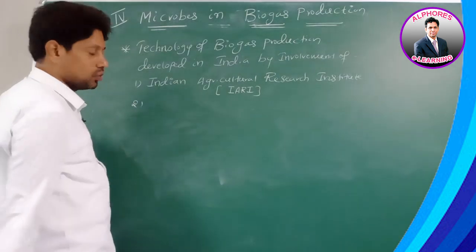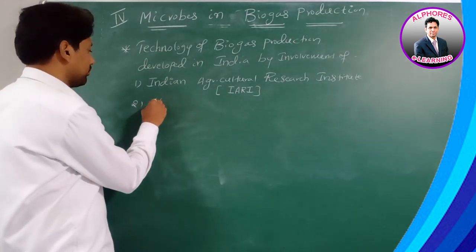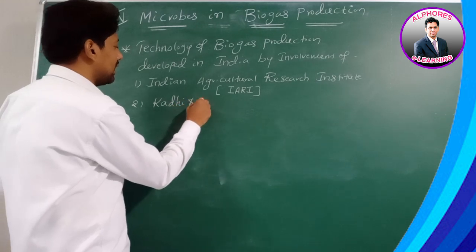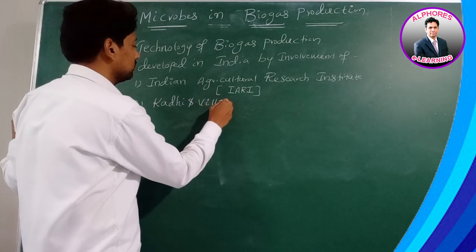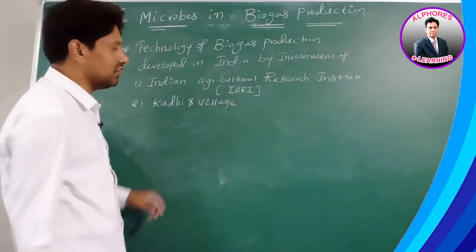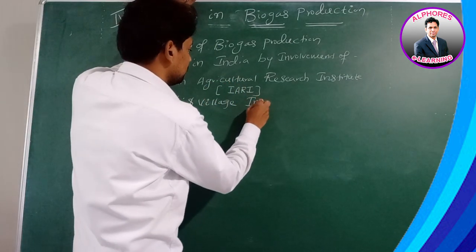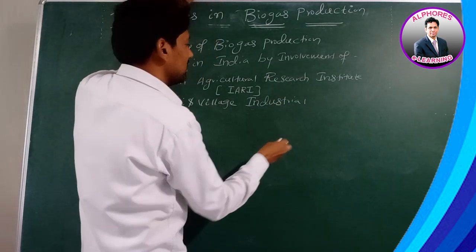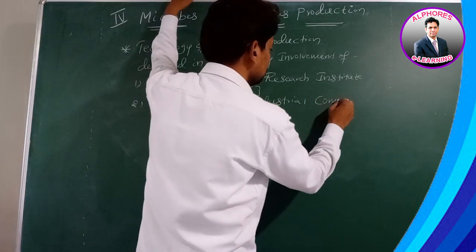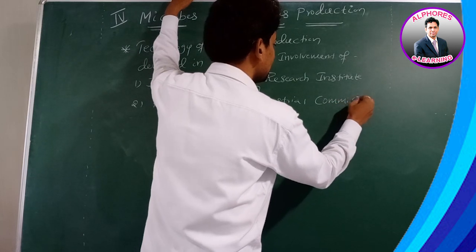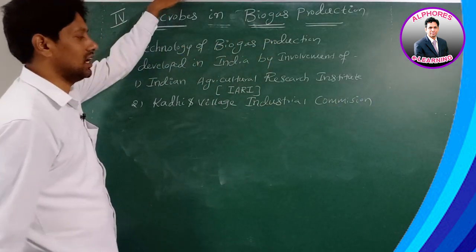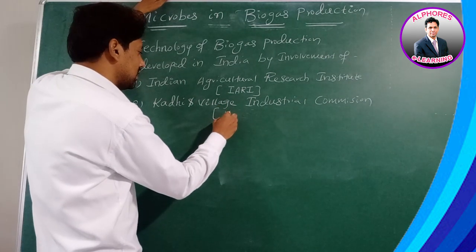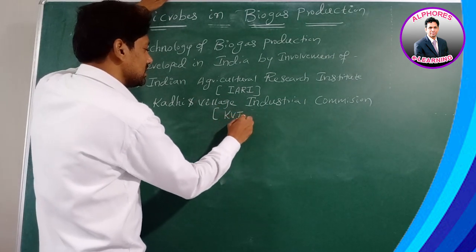Number 2, the second one, Khadi and Village Industrial Commission. What is its shortcut? KVIC.